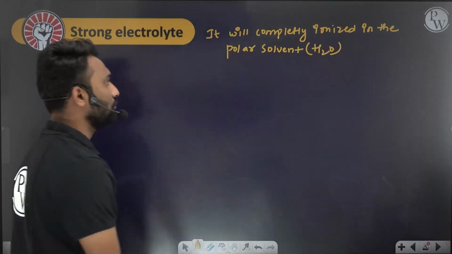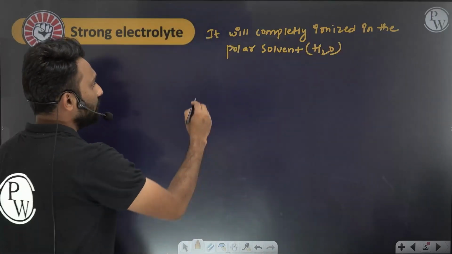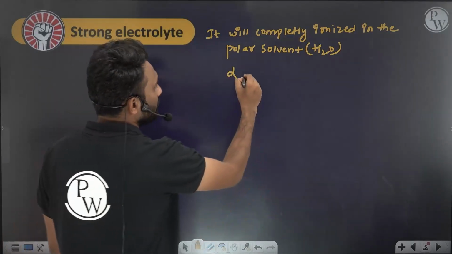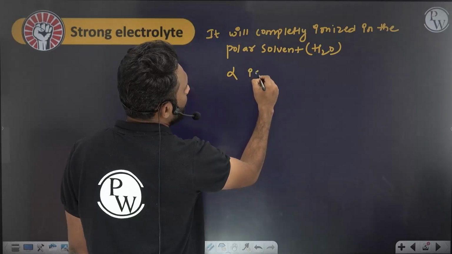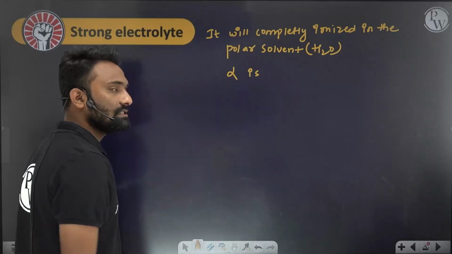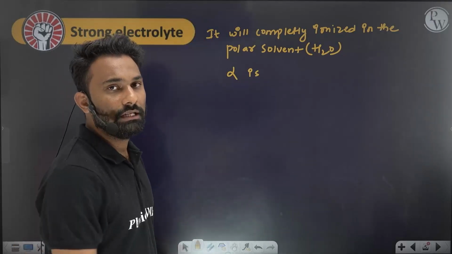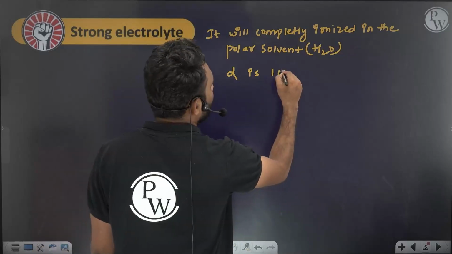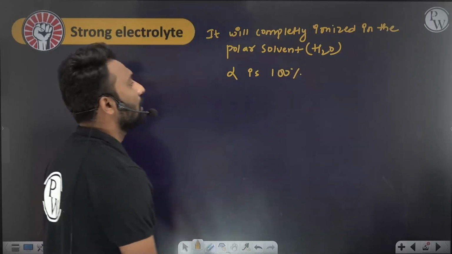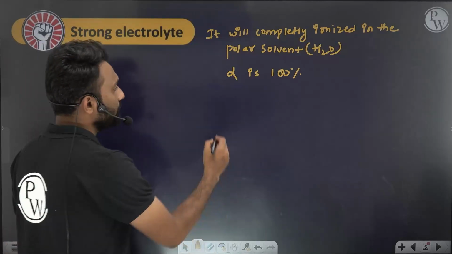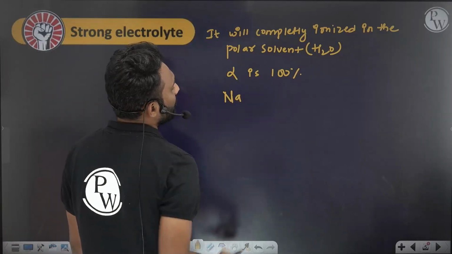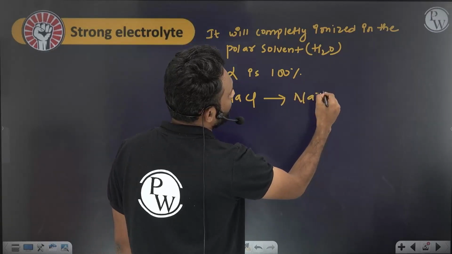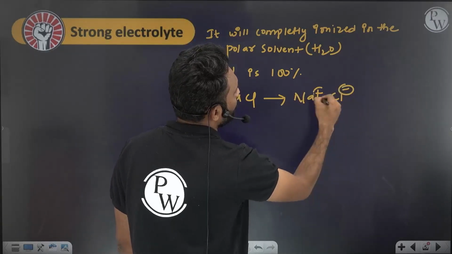Example, H2O, completely ionized. It means alpha, the degree of dissociation, is not exactly 100%, but almost, greater than 95%. Example, NaCl will be converted into Na plus and Cl minus.